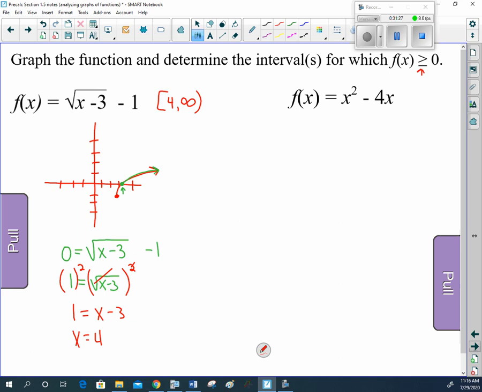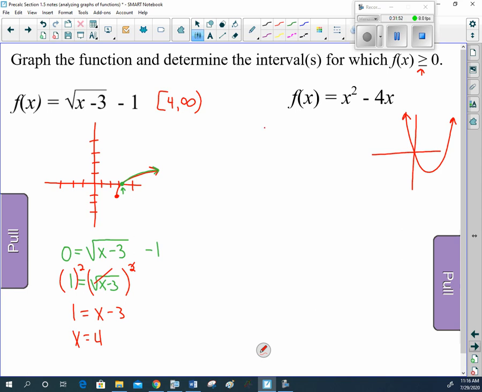All right, so same thing on this one. This one's a parabola. Something like, oh, I think it goes through the origin. I'm just trying to make a quick sketch here. I think it looks something like this. And how did I know that? Well, I was looking at it as factoring it.